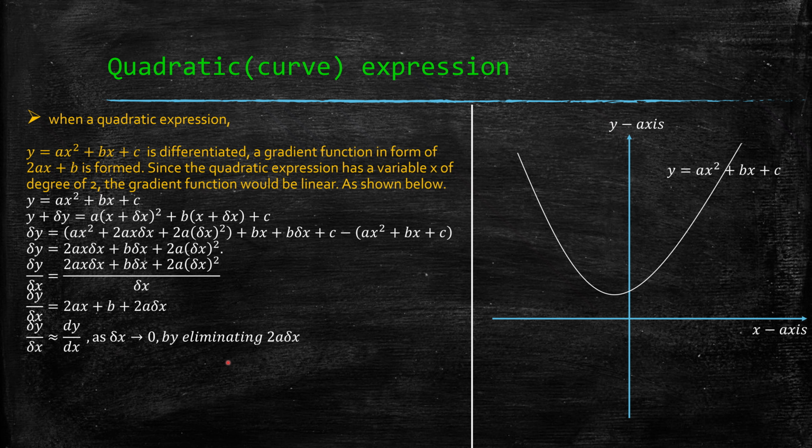That means that anything that is attached to small change in x is going to be eliminated, and in this case we are going to eliminate 2a small change in x because the small change in x approximates to 0, such that the function that we have obtained, which is dy dx, which is our gradient function and our derivative at the same time, is going to be equal to 2ax plus b. And this is the function that we are talking about. It's in this form when we draw it, and when we take the 2 points, as we said, that's exactly what happens.